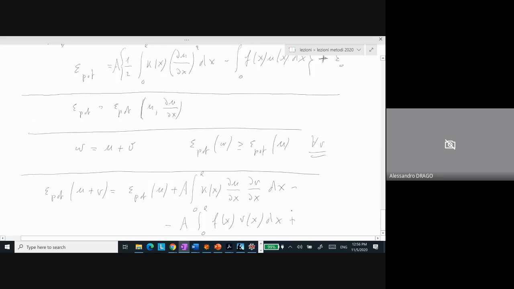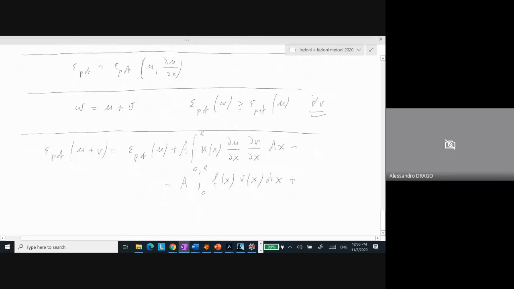So plus 1/2 a integral from 0 to L of k of x, dv over dx squared. Is it okay up to now? I mean, the fact that these 5 terms can be regrouped in this way.